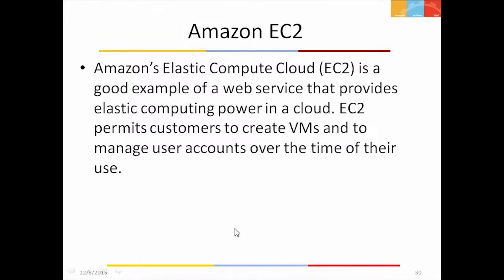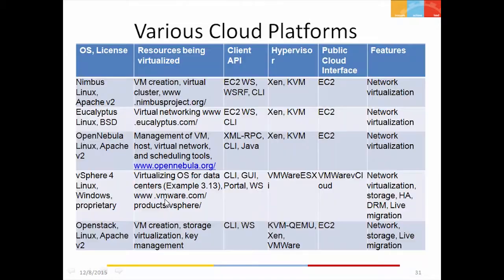Amazon EC2 is a good example of a web service through which this elastic computing facility is provided over the internet. EC2 lets customers create their own VMs using a template, and the EC2 portal manages user accounts over time and monitors the usage.